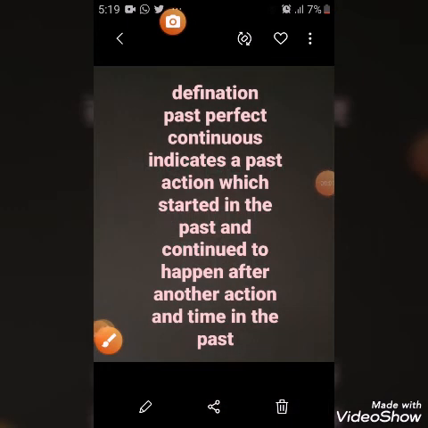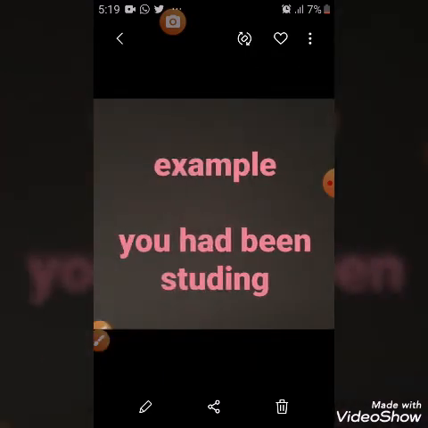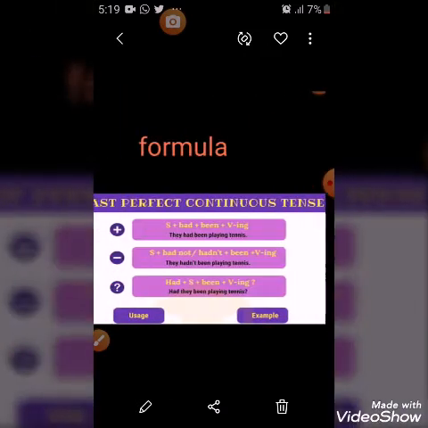Here the definition says that past perfect continuous indicates a past action which starts in the past and continues to happen after another action and time in the past. For example, you had been studying means the action which was continuous over a period of time and finished in the past.